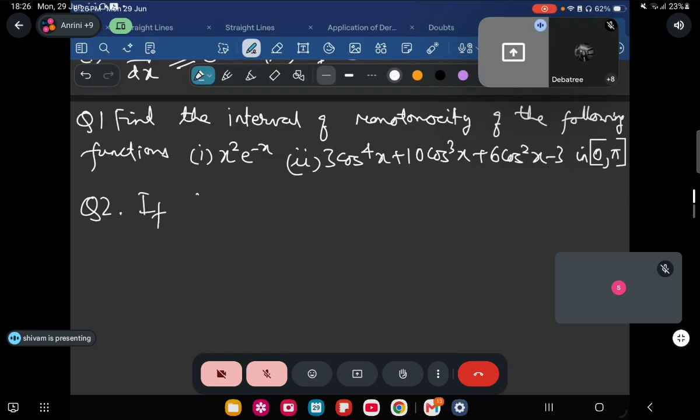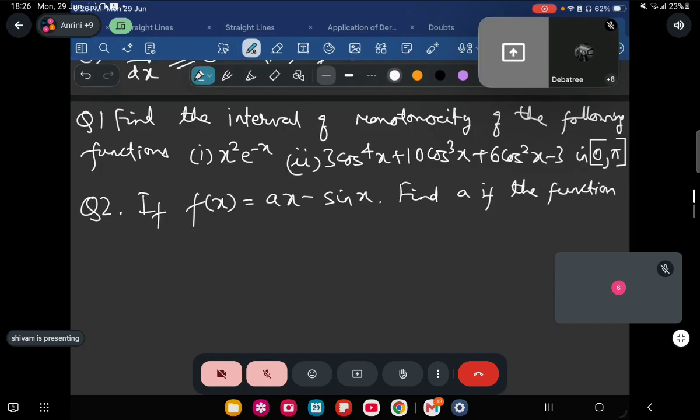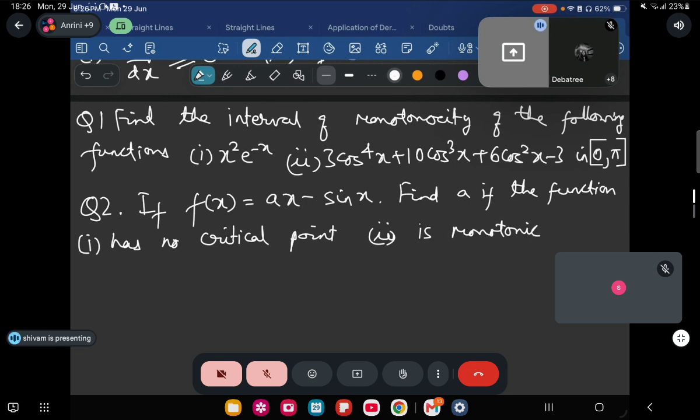If f of x equal to ax minus sin x, find a if the function, number 1, has no critical point, number 2, is monotonic. Quickly solve, everyone.